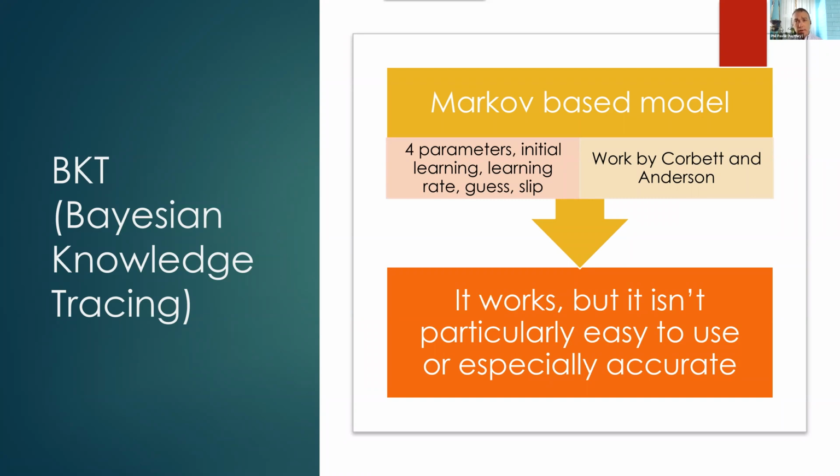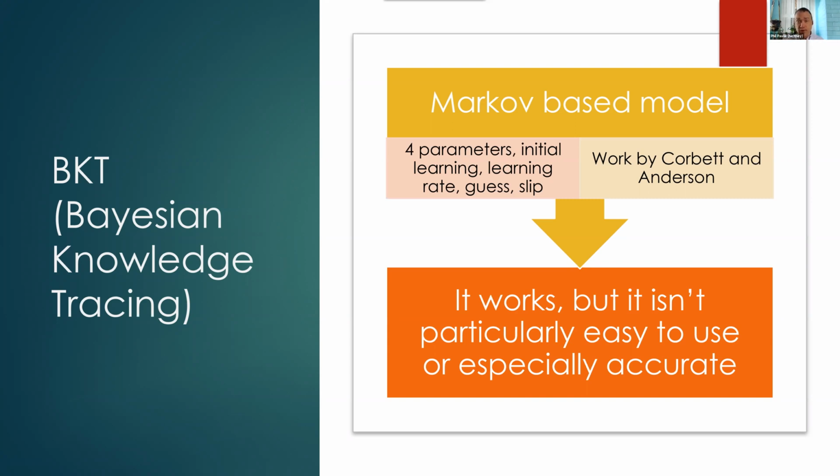Of course, Carnegie Learning's products still use Bayesian knowledge tracing, I think in almost all cases. And it works very well, but it's not especially easy to use or accurate. It's based on the idea that you have 4 parameters: a learning rate, initial learning, a guess, and a slip parameter. So it's relatively simple.